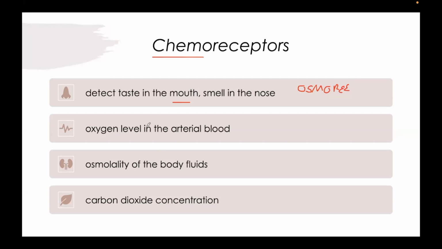Chemoreceptors will also detect oxygen levels in the arterial blood. Chemoreceptors will also help detect the osmolality of our blood fluids, as well as the concentration of carbon dioxide.